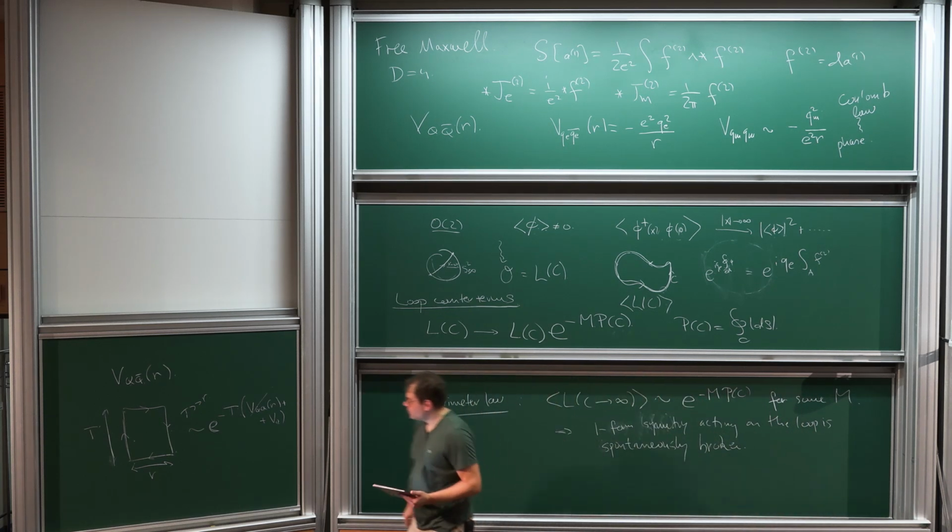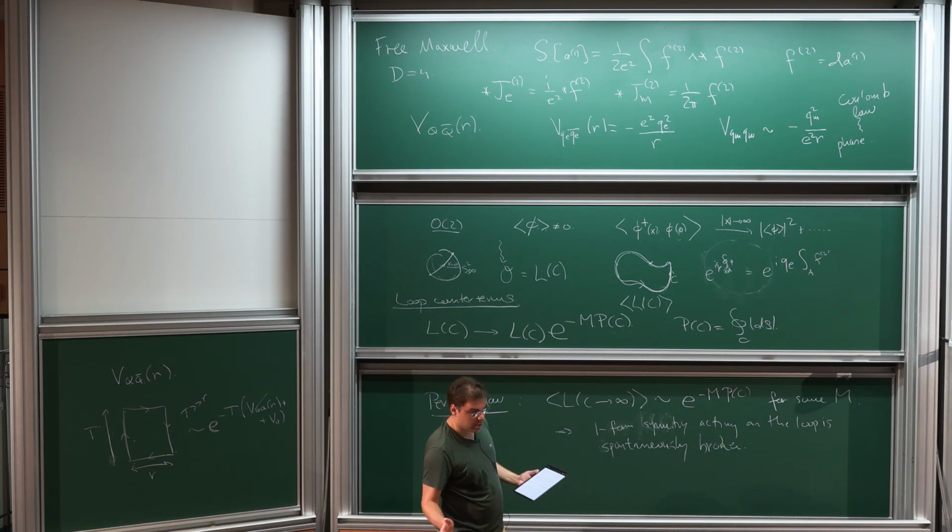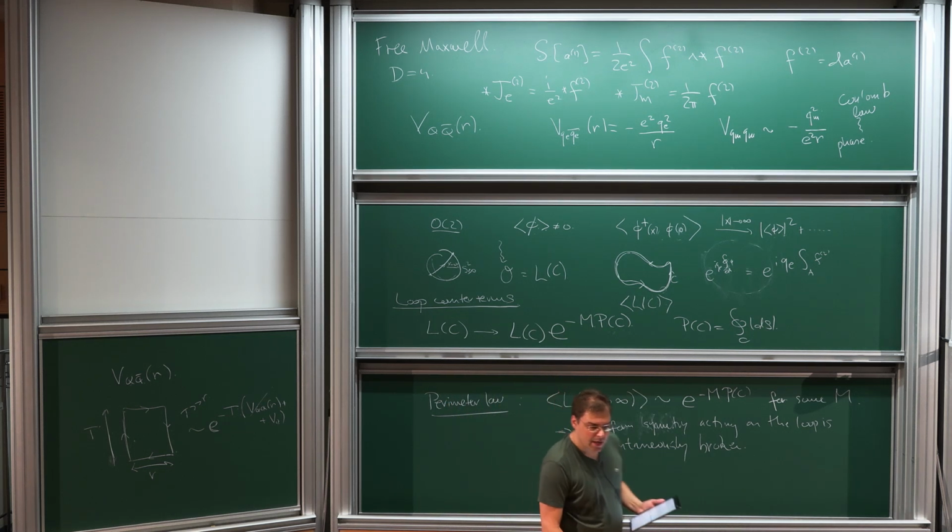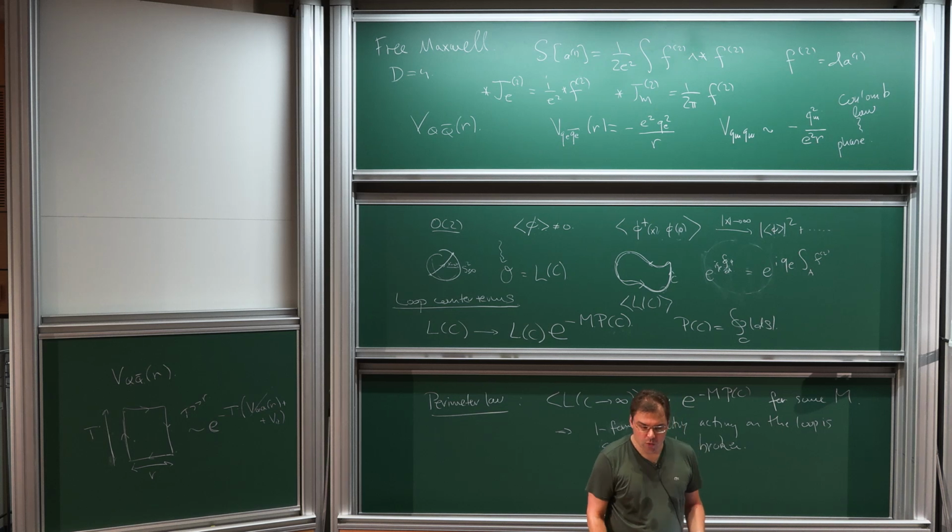So this is not equivalent to the potential having... No, but as long as the potential goes to zero sufficiently quickly, then those symmetries will be spontaneously broken. And the moment you know that the symmetries are spontaneously broken, because they're U(1) symmetries, you can prove that you actually need a photon.